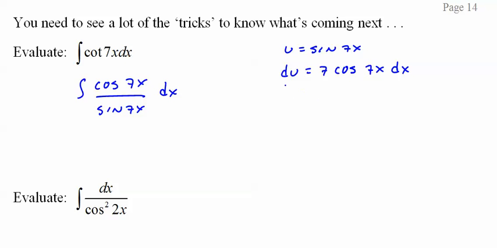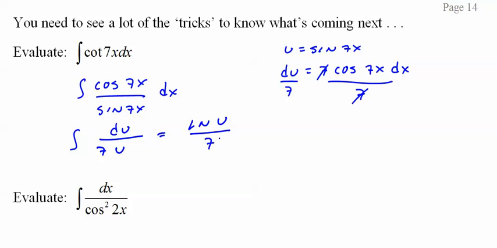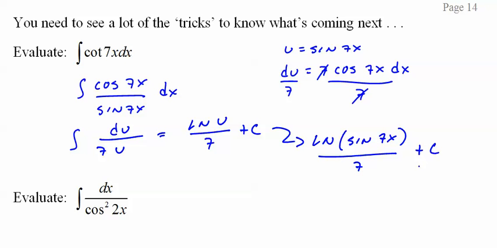I don't see 7 over here, so I'm going to divide it out. I do see cosine of 7 dx, so I can put the du on top. Du over 7u, which equals natural log of u over 7 plus c, which we change to natural log of sine of 7x over 7 plus c.